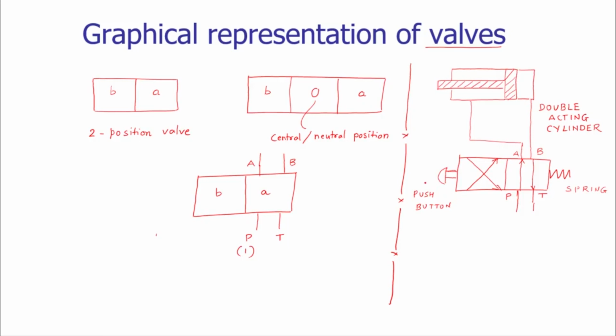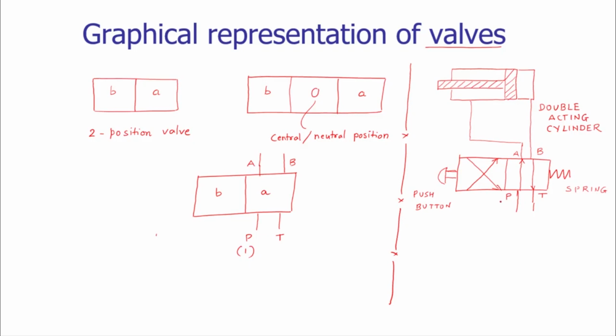So when somebody looks at and tries to comprehend this simple circuitry, it is very easy to understand that the valve has two positions and four ports. The default position is P to A and B to T, that is the contraction of the double acting cylinder, and that is controlled by using a spring.